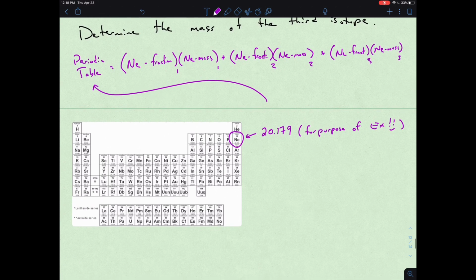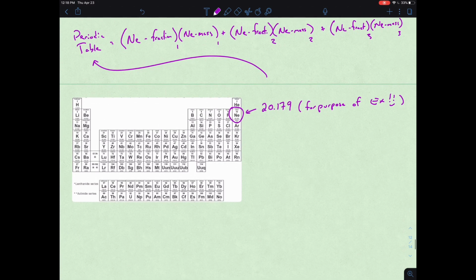So in going up to that top purple expression, we would say that we have 20.179. I'm going to leave out units just for right now, since it's a lot of numbers going across. That's going to be equal to our first neon, which was the 19.99, times its fraction. So that is our isotope 1.